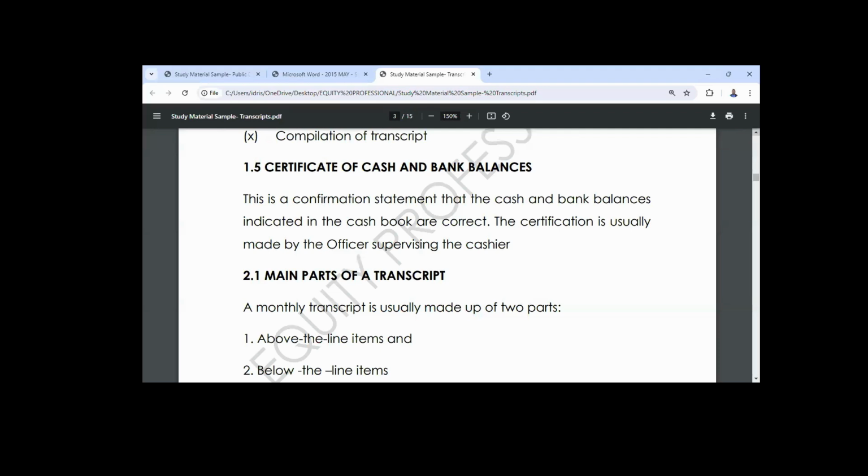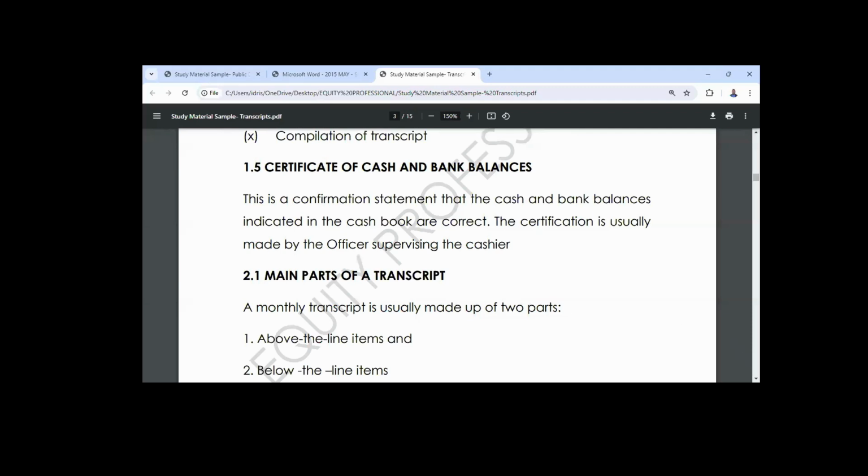Do you understand? Okay, I'm trying to understand. Subsidiary transcript. Okay, that means every other error will go along with the subsidiary transcripts. Thank you.